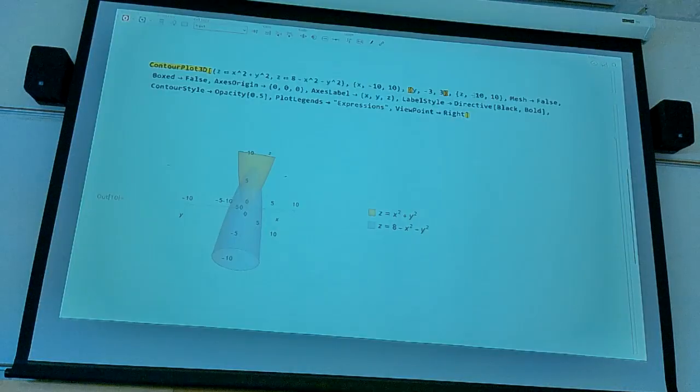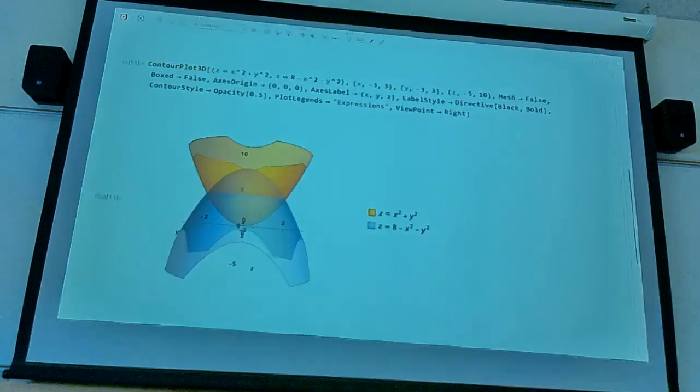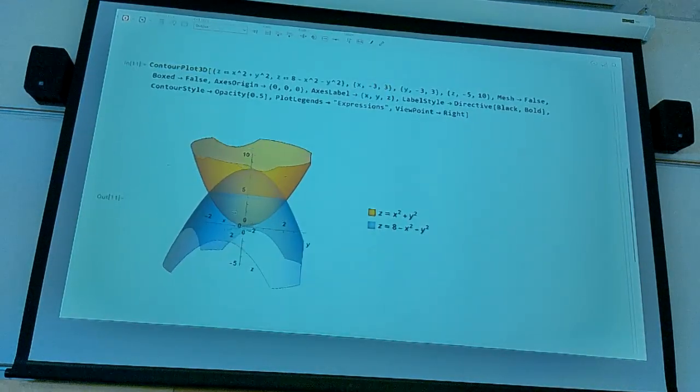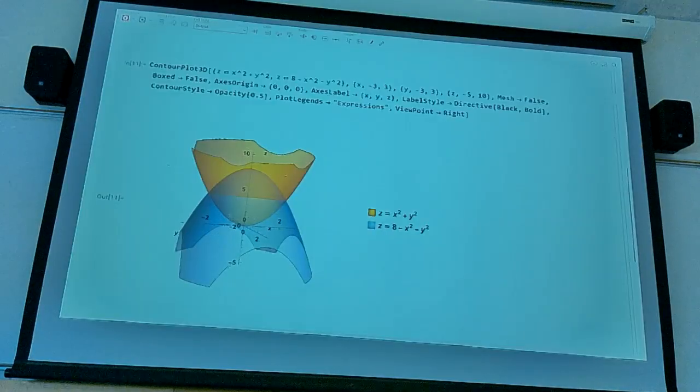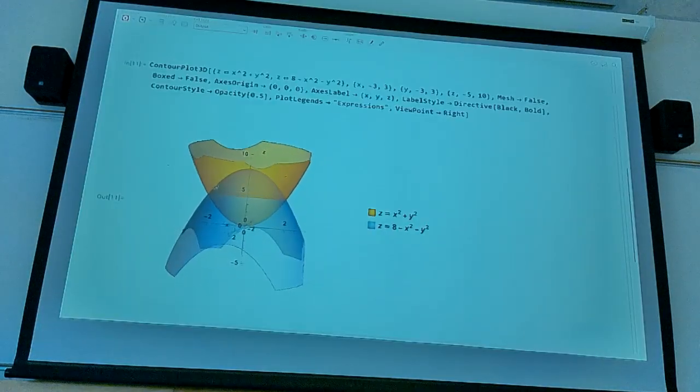For the Z, maybe minus 5 to 10. And what about the X? I'm going to keep it the same as the Y, minus 3 to 3. I don't care about that funkiness, all I care about is that middle bit. Yeah, that should work.